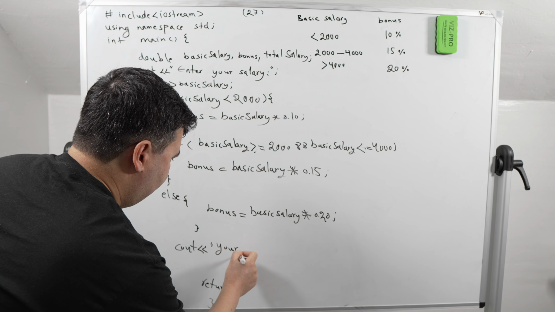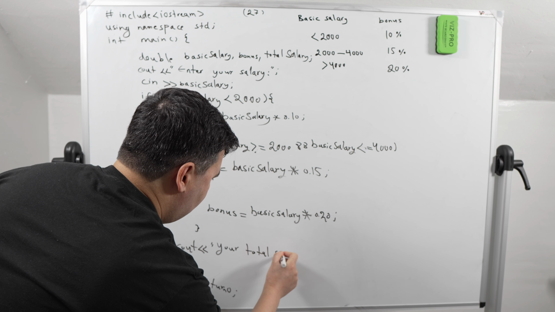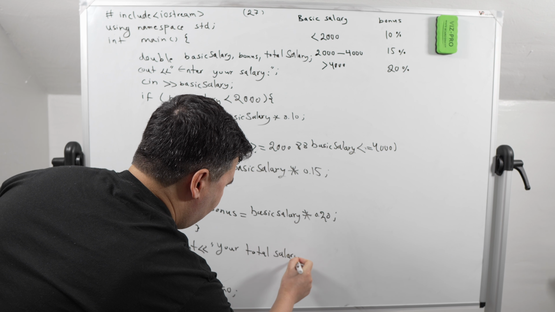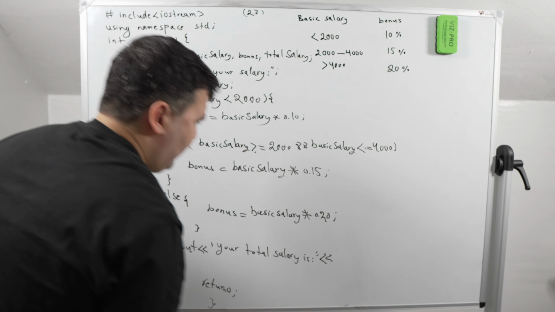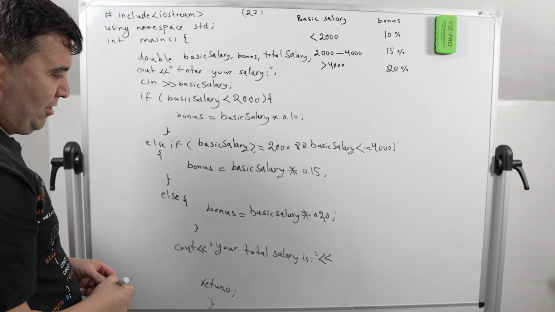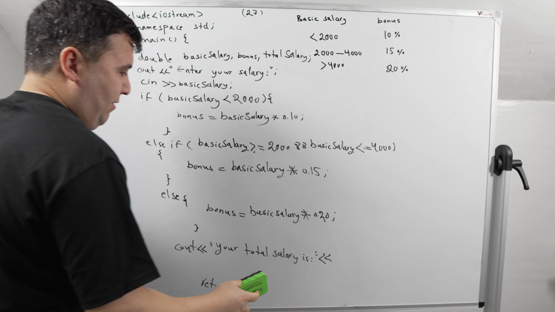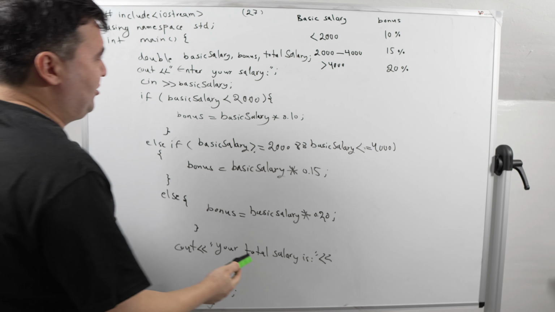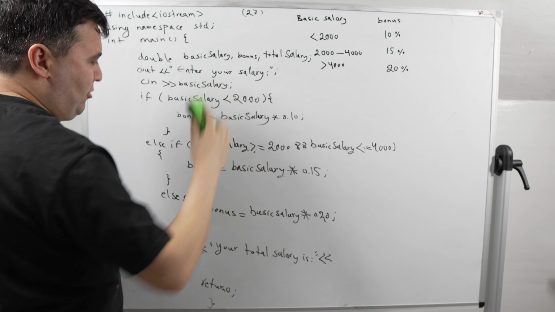And now, at the end of the program, we say your total salary is, in quotation marks, we put the total salary here. But first, before I write this, I have to store the total salary inside the variable total salary.